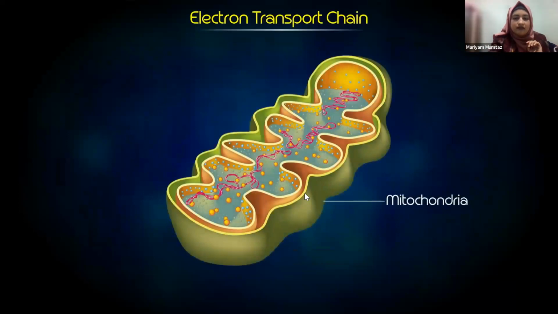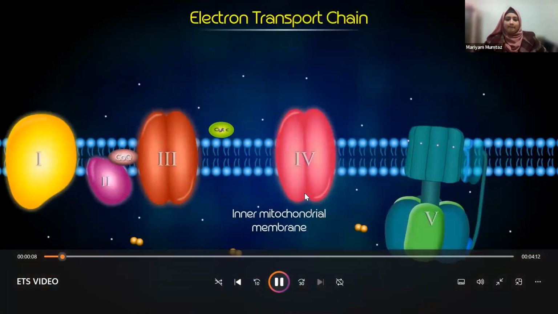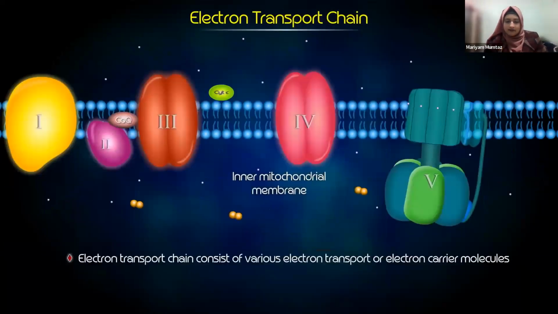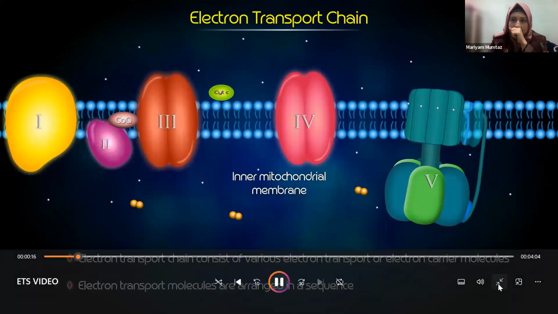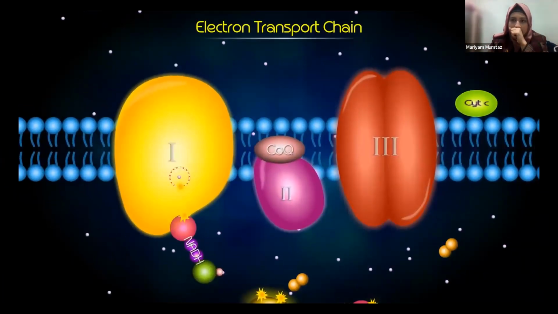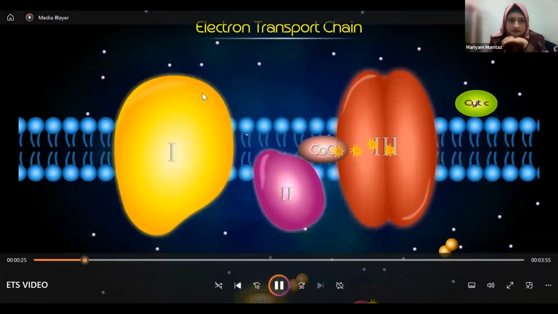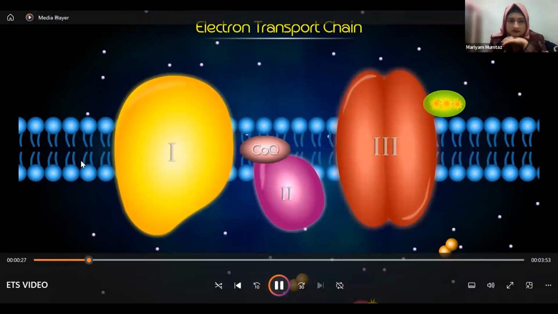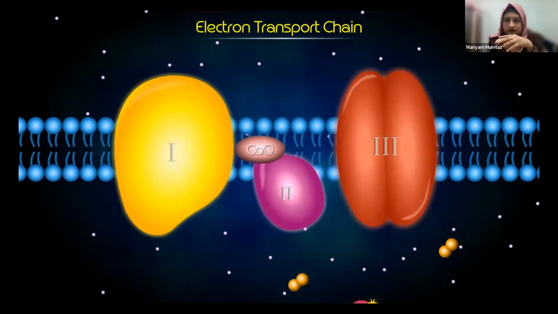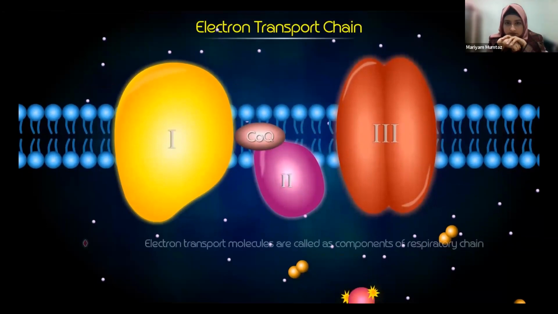The electron transport chain is present in the inner mitochondrial membrane. It consists of various electron carrier molecules arranged in a sequence. They transfer electrons from reduced coenzymes like NADH and FADH2 to the final electron acceptor, oxygen. These molecules are known as components of the respiratory chain.